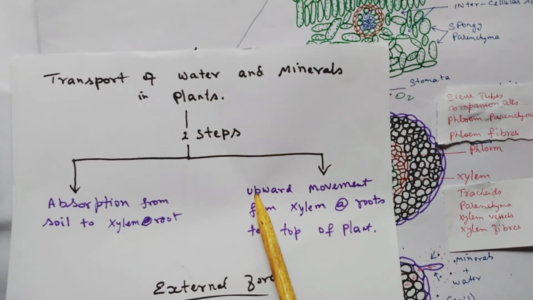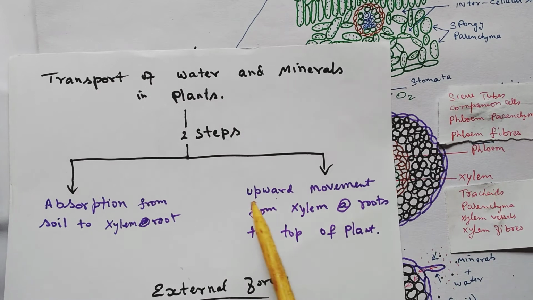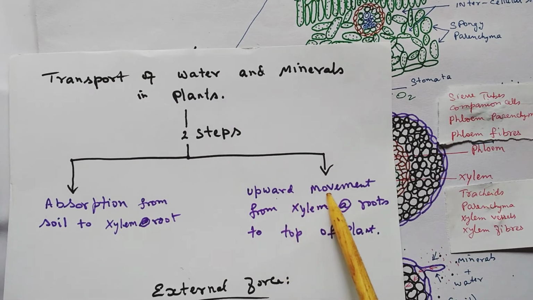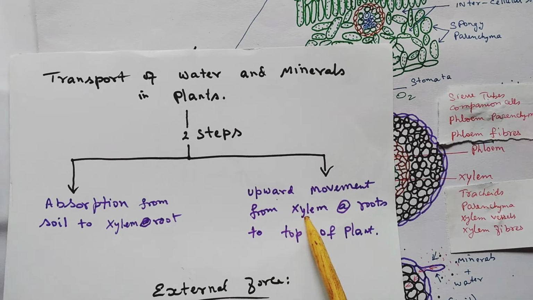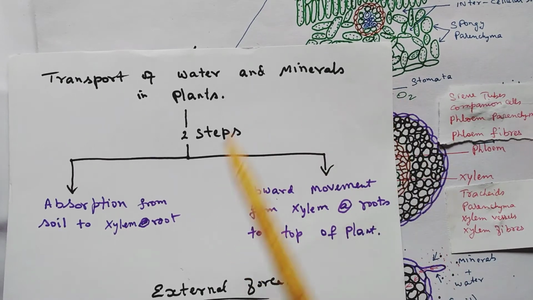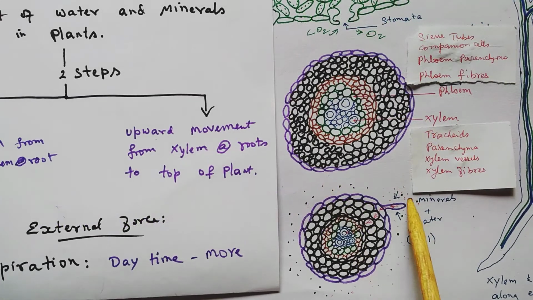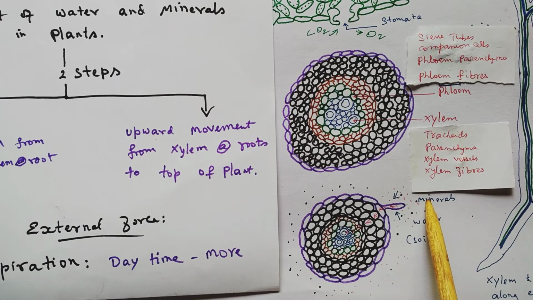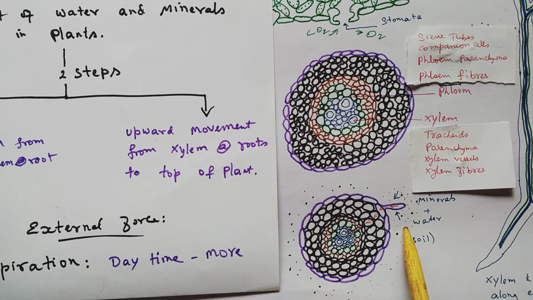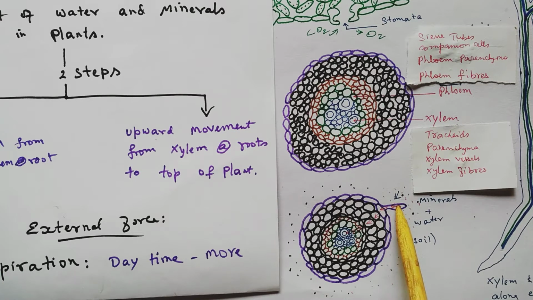And after being absorbed by the roots, that water has to be moved up through the xylem to the upper parts of the plant. The water molecules and minerals are present so much in the soil particles, but so less in the roots.